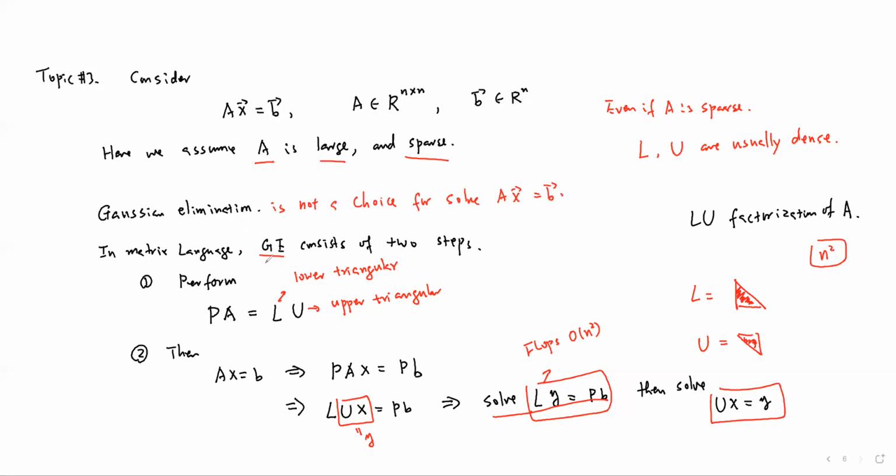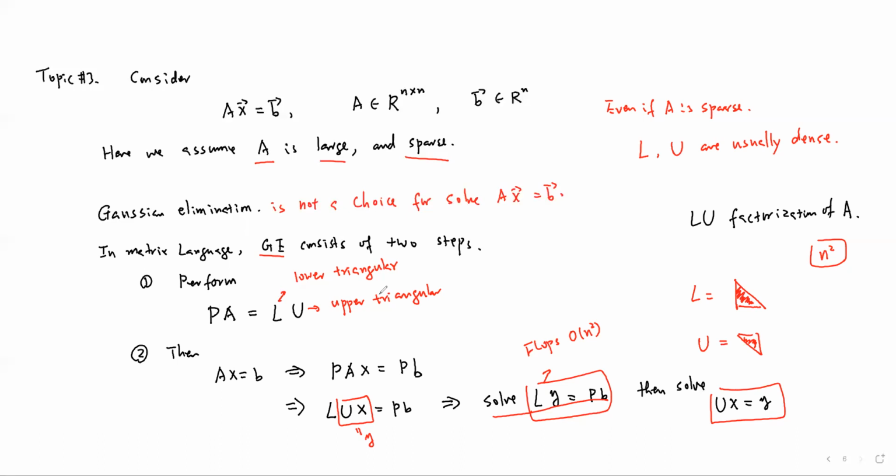So in order to perform Gaussian elimination, your computer should be able to store n squared non-zero entries. But this storage requirement is huge, especially when n is a billion, for example. So yeah, this is a difficult storage problem.